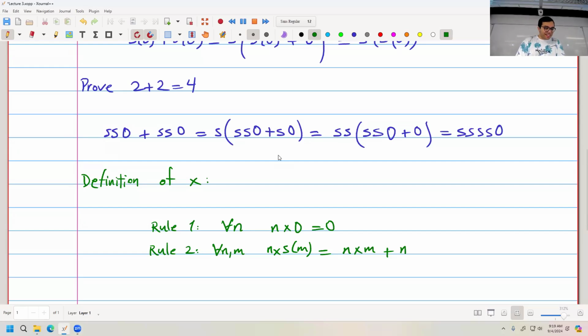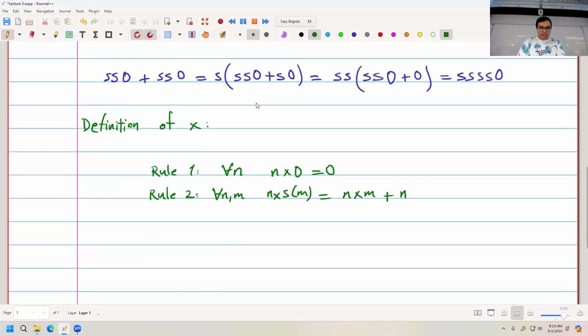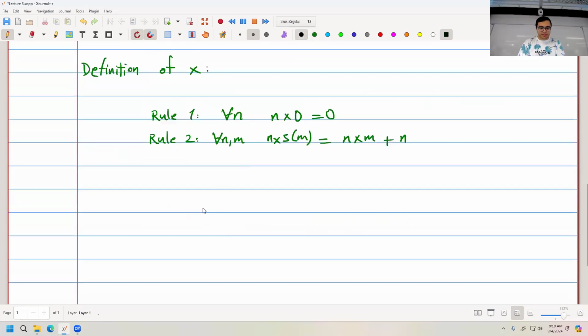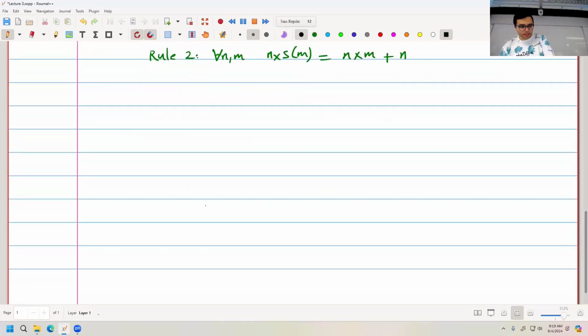But now we want to go back to mathematical induction. So let's write this here. So mathematical induction is this proof idea that we want to use the fifth axiom of Peano to prove that something holds for all natural numbers.